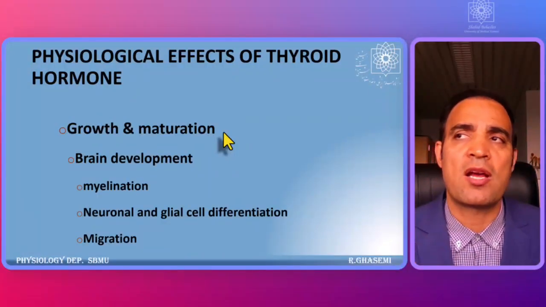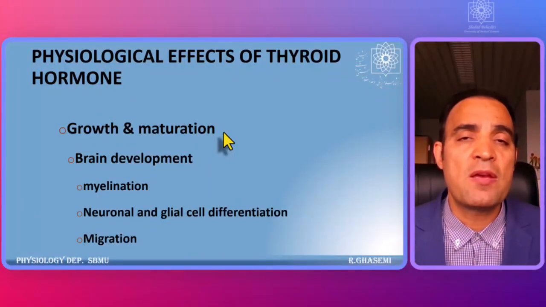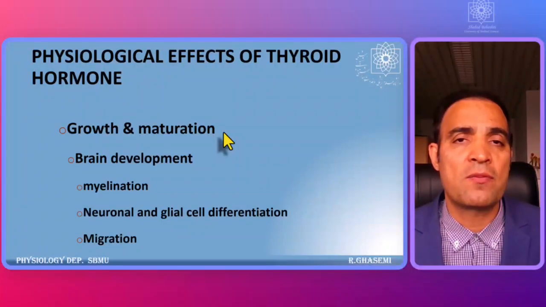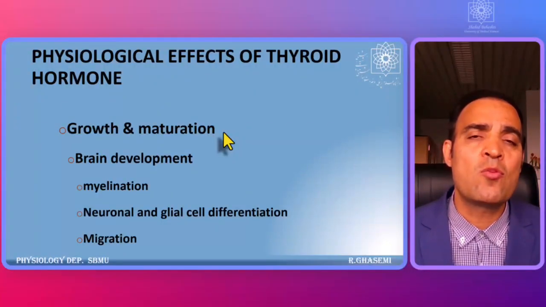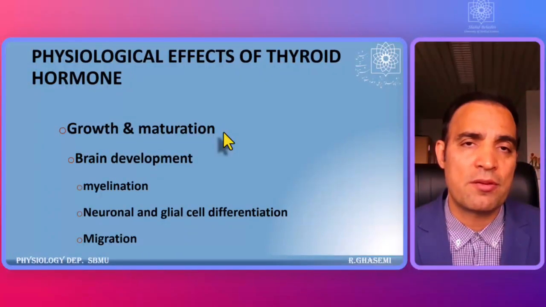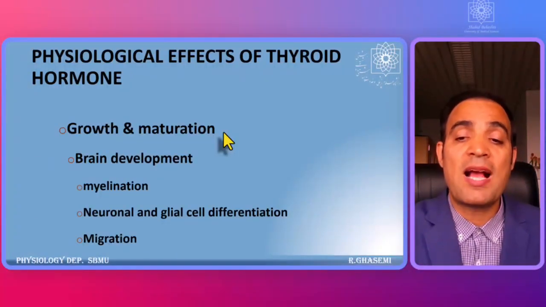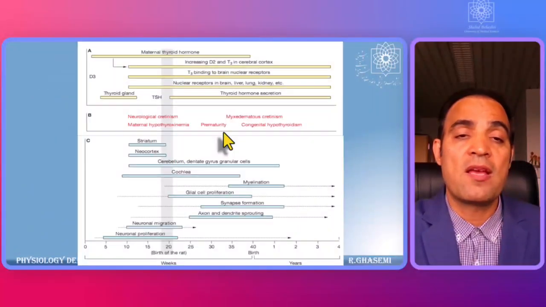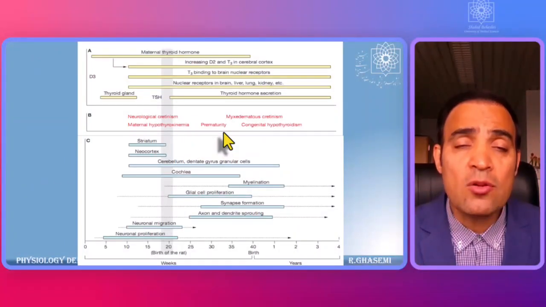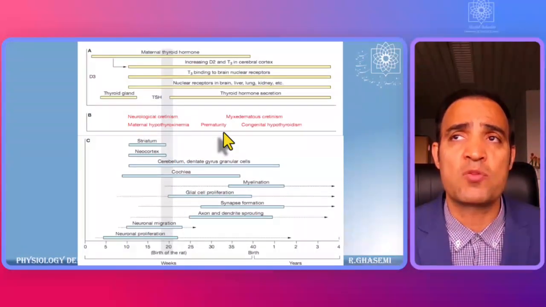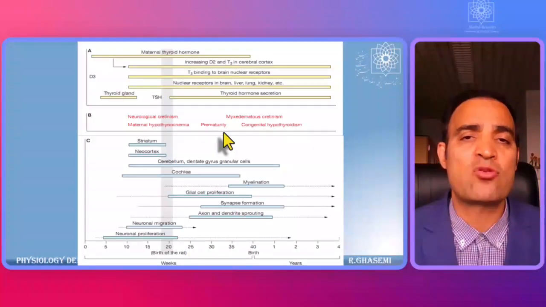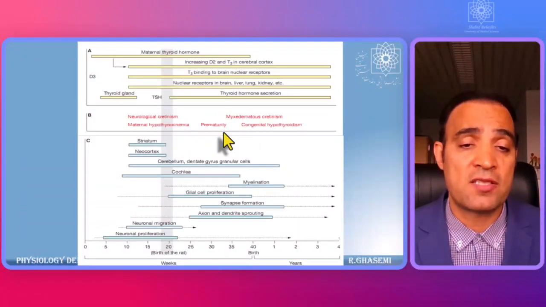During the embryonic life, even if the baby does not produce enough thyroid hormone, the thyroid hormone will be provided by the mother. Therefore, there is no problem during the embryonic life. But after the birth, if thyroid hormone is not produced by the baby, the maturation will be affected severely.